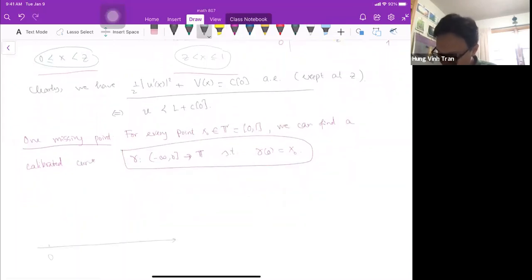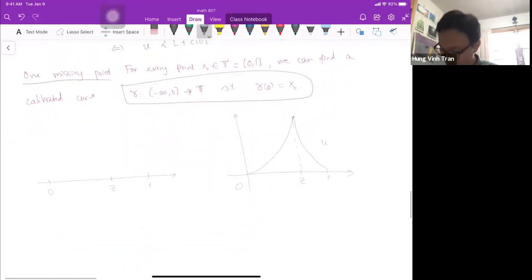This is 0, this is 1, this is a point z, not the middle point, and the solution u looks like it is increasing up to this point and decreasing to here. So this is u.